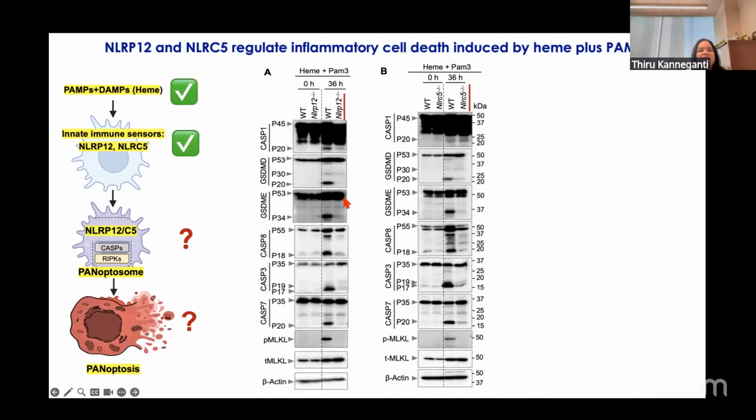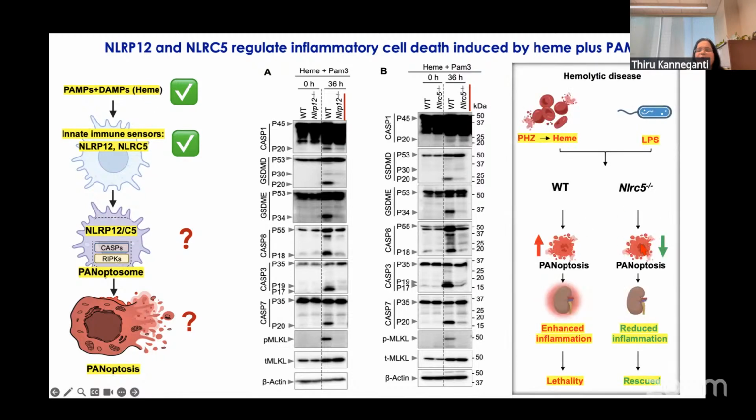So this is the key signature to suggest that this death is panoptosis. We showed NLRP12 and NLRC5 are acting as sensor molecules sensing this PAMP-DAMP combination to induce this panoptotic pathway. And we showed in vivo that if we delete NLRC5, there is less inflammatory cell death, panoptosis, reduced inflammation, and mice were rescued from lethality.